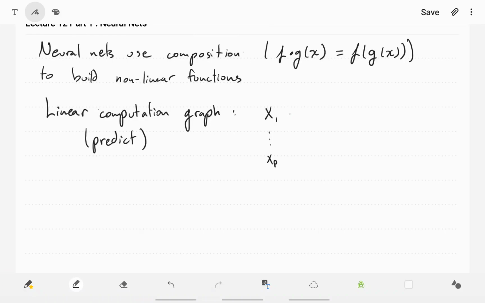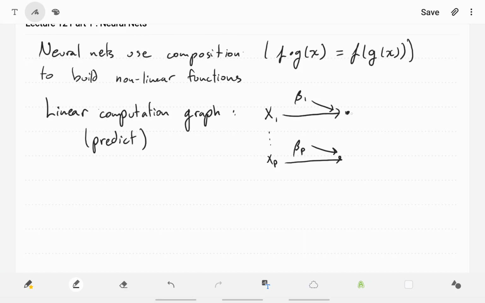You also have your weights, let's call them betas, beta 1 down to beta p, and these got multiplied together.